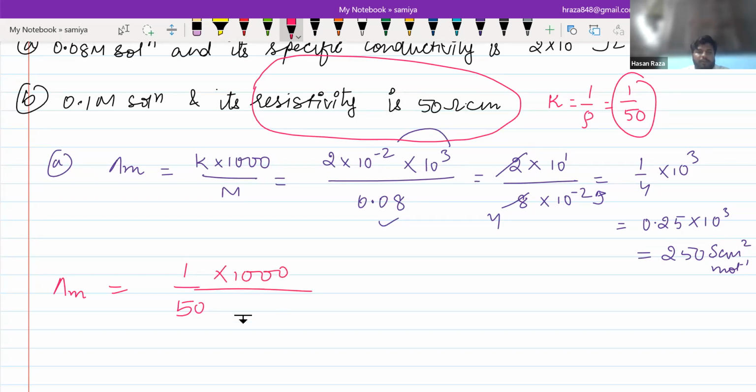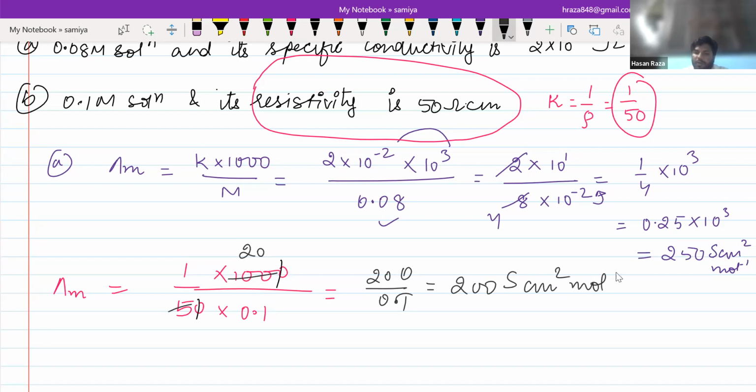And what is the value of molarity here? It is 0.1. Just cancel the 0, and you can see it will be 100, which cancels by 20 times. So it is 20 upon 0.1. If you remove this decimal, the answer will be 200 Siemens centimeter square per mole.